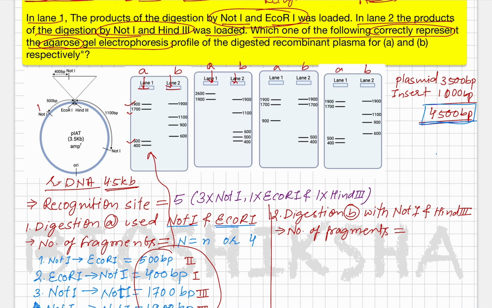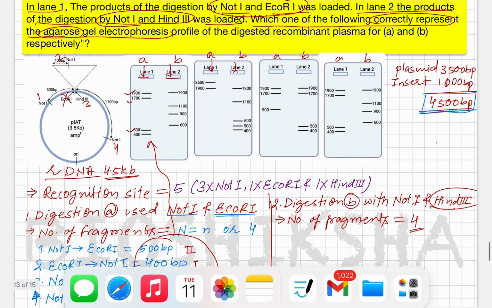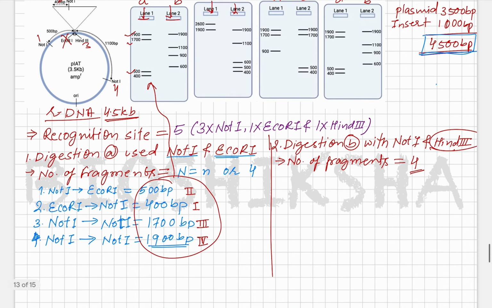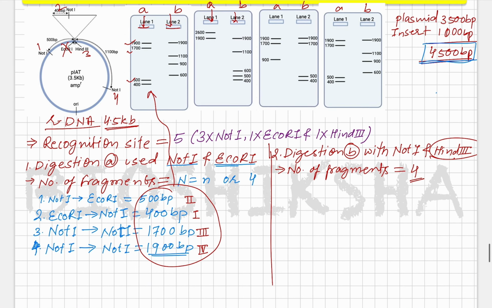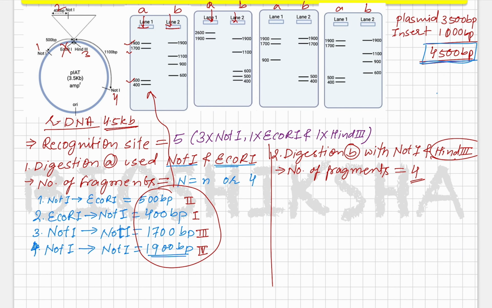It will be 1, 2, not this one, because here we are using Hind3, not EcoR1. So this will be 3, and of course this will be the 4. In this case also the number of fragments will be 4, as there will be 4 recognition sites. Now let us see what the fragments and their lengths would be.